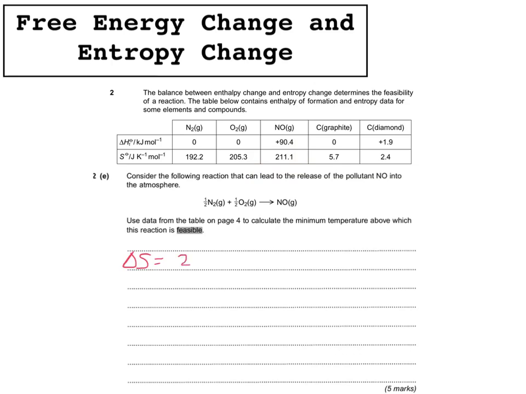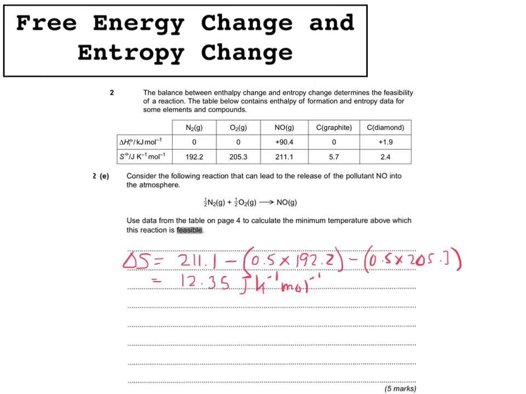And we're going to take away half of N2, so 0.5 times 192.2, take away 0.5 times 205.3, and that equals 12.35, and that's in joules per Kelvin per mole.